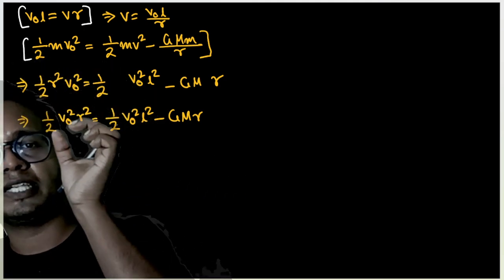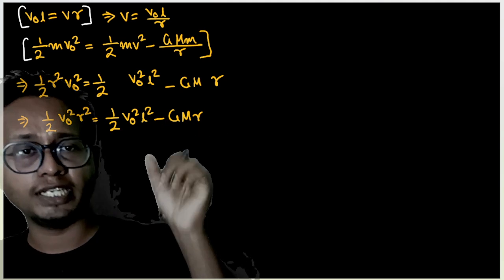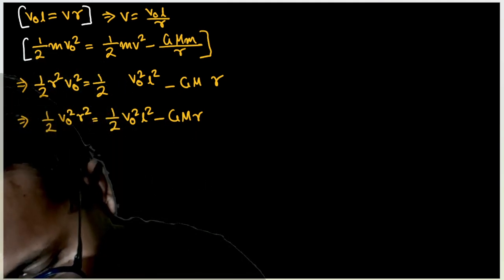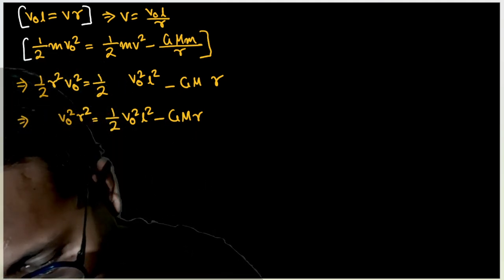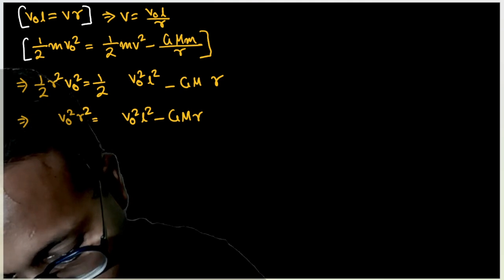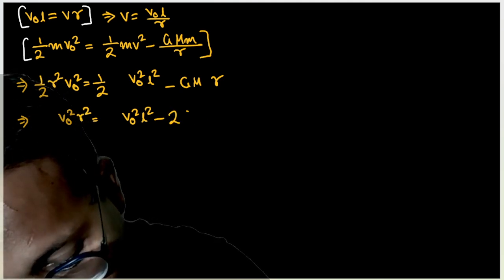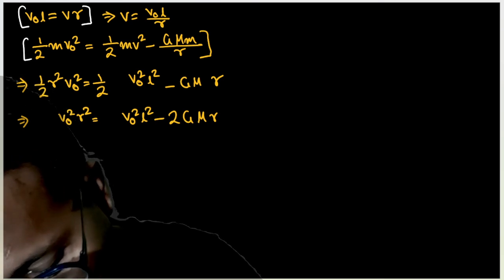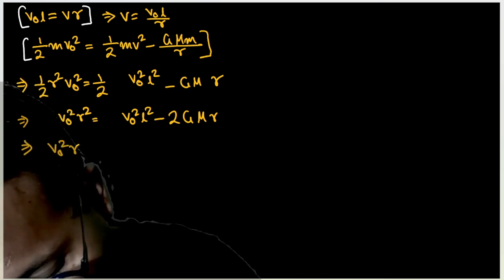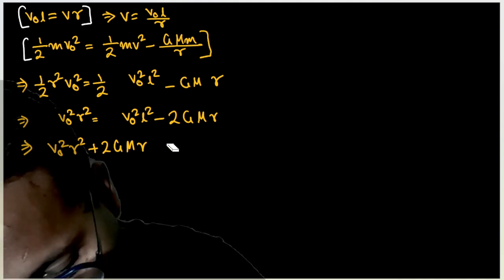Let's multiply every term by 2 to make this equation neater. Half into 2 is nothing but 1, and GMr will be translated into minus 2GMr, because I'm multiplying every term by 2. Now let's bring everything to the left hand side: v naught square r square plus 2GMr minus v naught square L square is equal to 0.